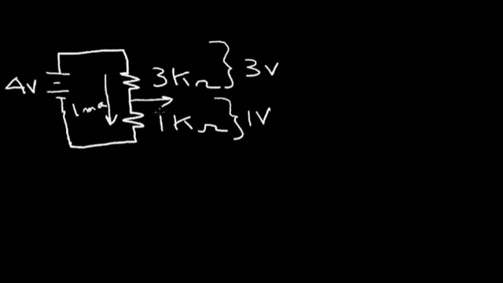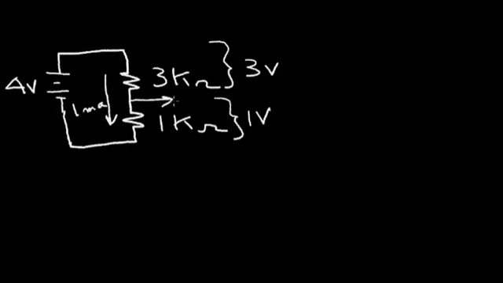So if I have resistors in this divider circuit that are not equal, then the voltage does not divide equally. The bigger resistor drops the bigger voltage, and the smaller resistor drops the smaller voltage.